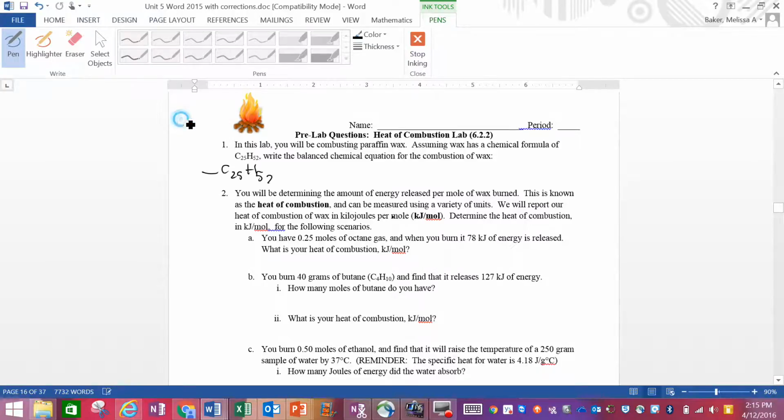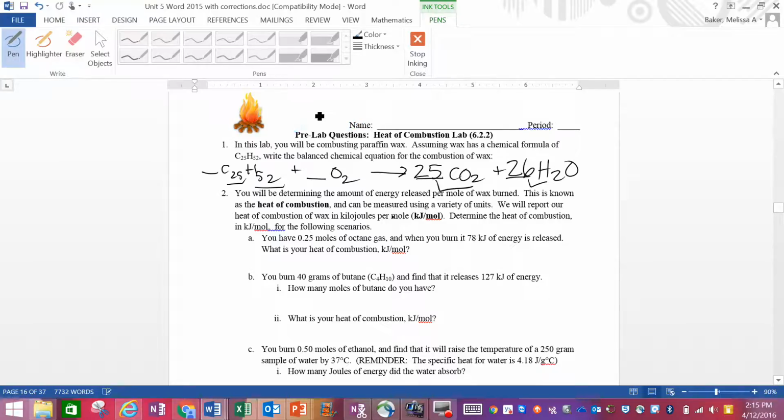C25H52. We know combustion reactions are always plus oxygen, and the products are always carbon dioxide and water. Let's use the CHO method to balance this. C25, 25 C's. H52, 26 times 2 is 52.